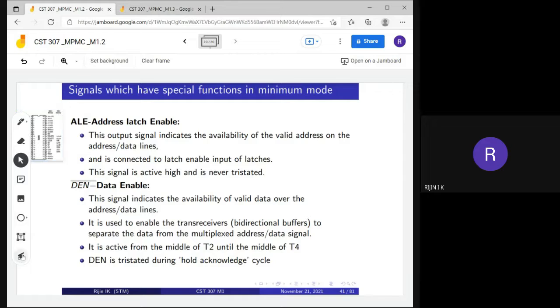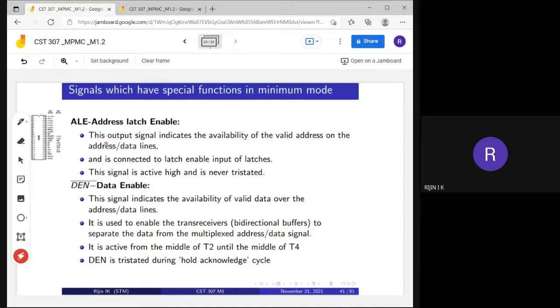Okay, that means this signal ALE indicates the availability of valid address. Suppose ALE is equal to 1 means it is transferring the address. Okay, and if ALE is 0 means the address bar data line will be transferring data. Okay, so that is ALE pin.